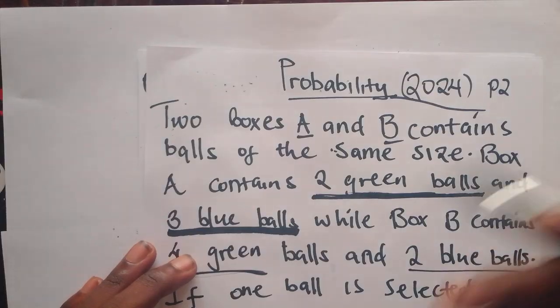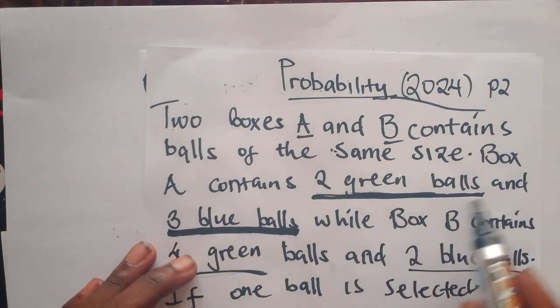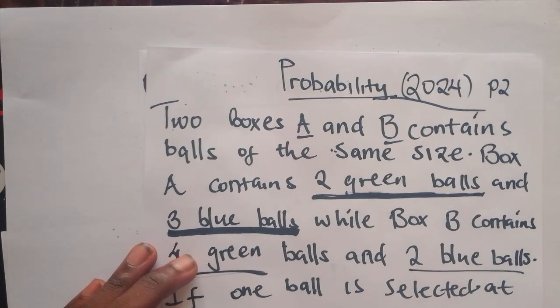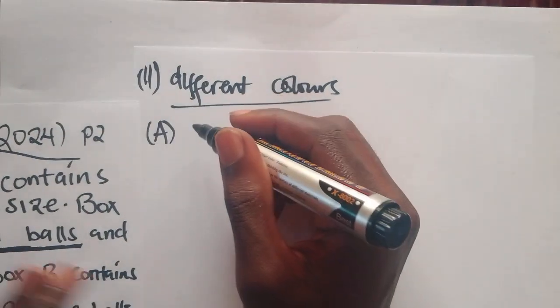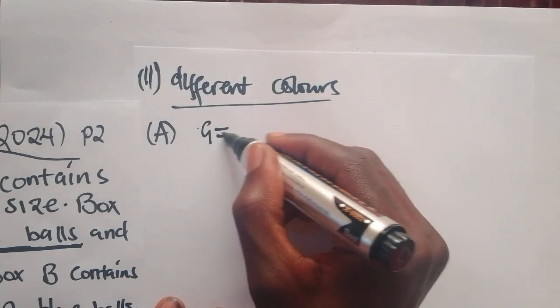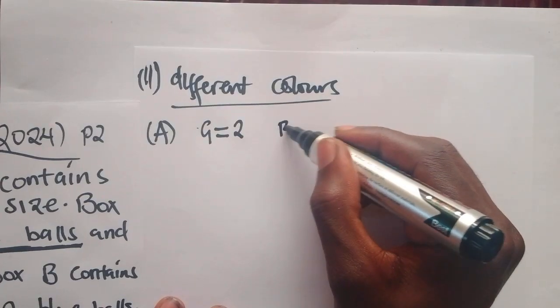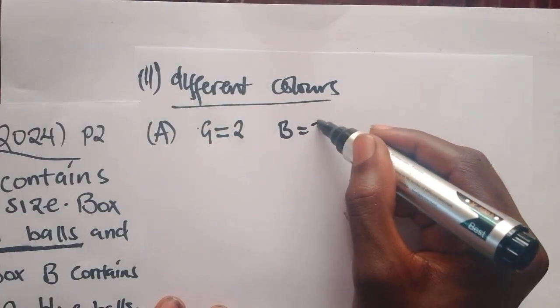Yeah. So again, going back to our question, which says we had 2 green balls and 3 blue balls in box A. So you write here, green, which was 2, and blue, which was 3.